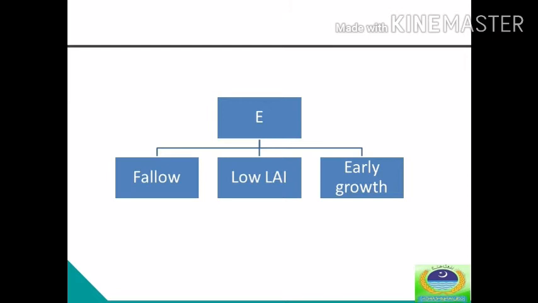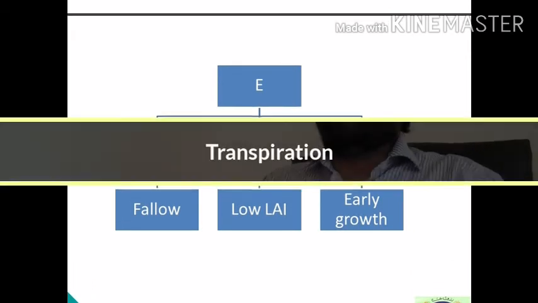But there is also a risk that too much early vigorous growth can extract the available soil water rapidly, causing terminal drought stress around flowering or grain filling.